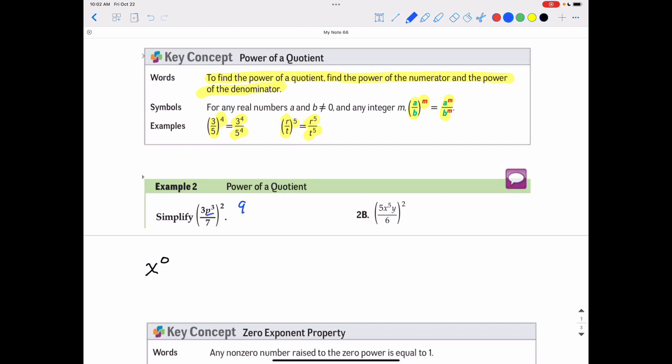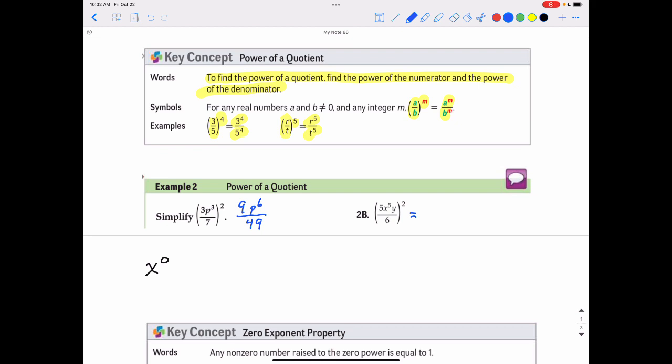And then p to the third to the second: we have two exponents sharing the same base, and as we learned in section 7.1, when two exponents share the same base, we multiply the exponents. So that will be p to the sixth power. And then 7 to the second power will be 49. That 7 will not be multiplied times 2. It is 7 times 7 because it is not an exponent.